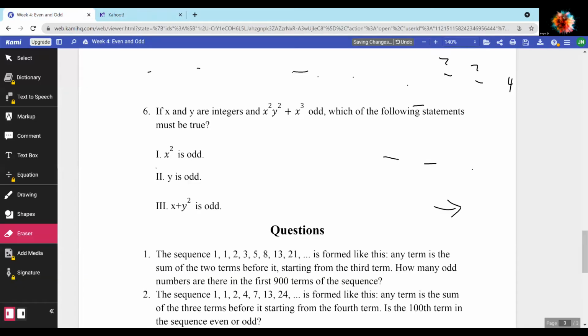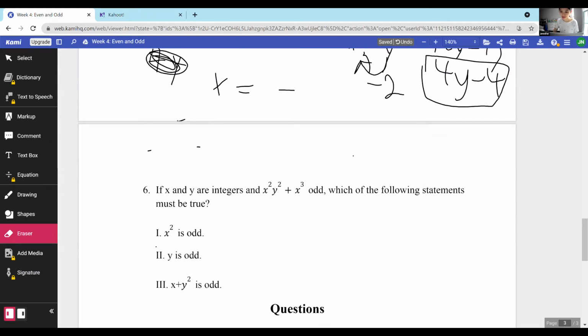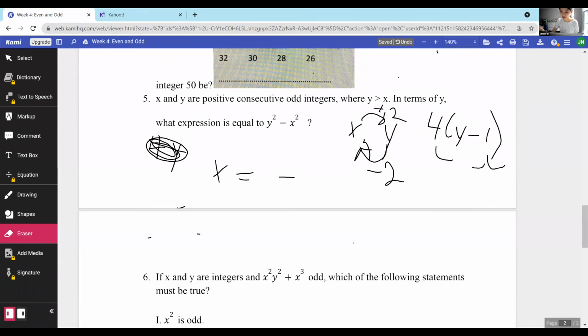For the even and odd for problem 6, is it better to write an equation?